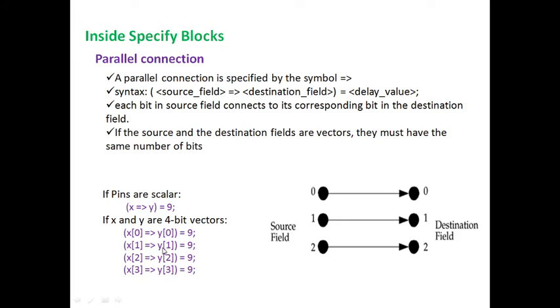That is the difference between scalar and vector parallel connections. In the parallel connection, the source field and the destination field should be of equal size. If, for example, x is a 3-bit vector and y is a 4-bit vector, I cannot establish the parallel connection. This is about parallel connection under the specify blocks.